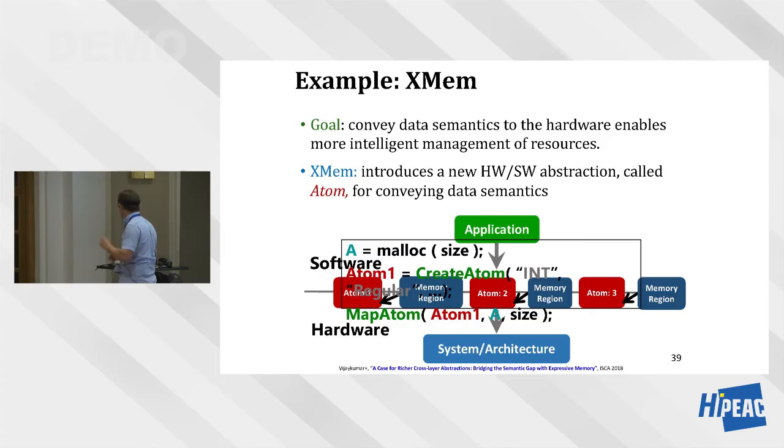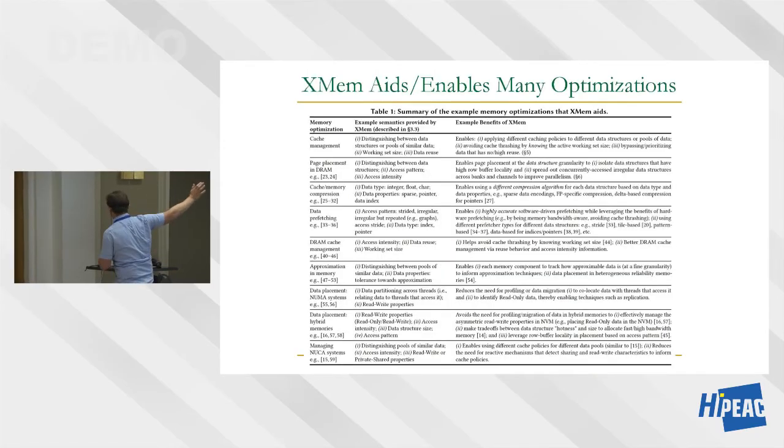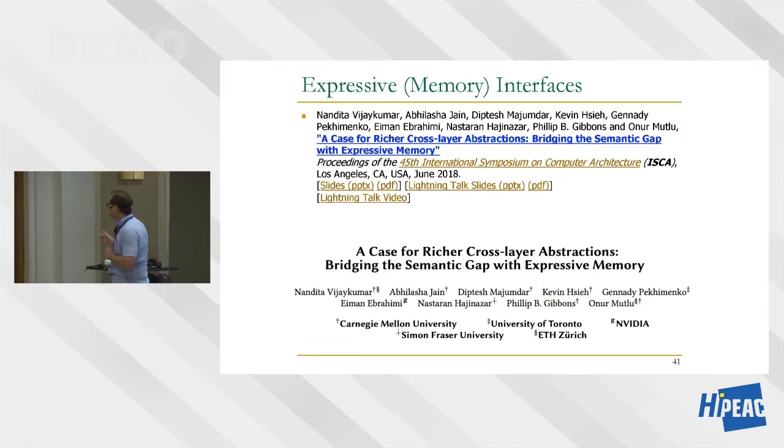So you can optimize the hardware much better by having this semantic information from the higher levels. There's a lot more in the paper that I'm not going to talk about, how you actually do this, but essentially you need to change the program to be able to do this. There are many optimizations, and I mentioned some of them, but there's more you can find. The paper is also limited in terms of what it can fit. So this is the idea.